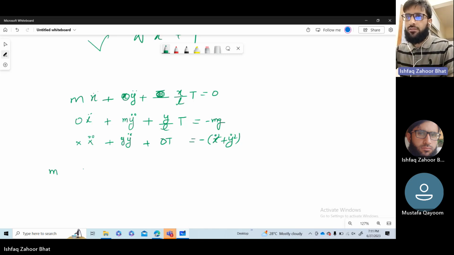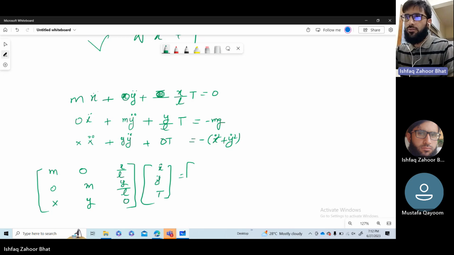M 0 x by L, 0 m y by L, and this is x, this is y, this is 0, and the variables are x double dot, y double dot, and t, equal to, so this is 0, this is mg minus x dot square plus y dot square.